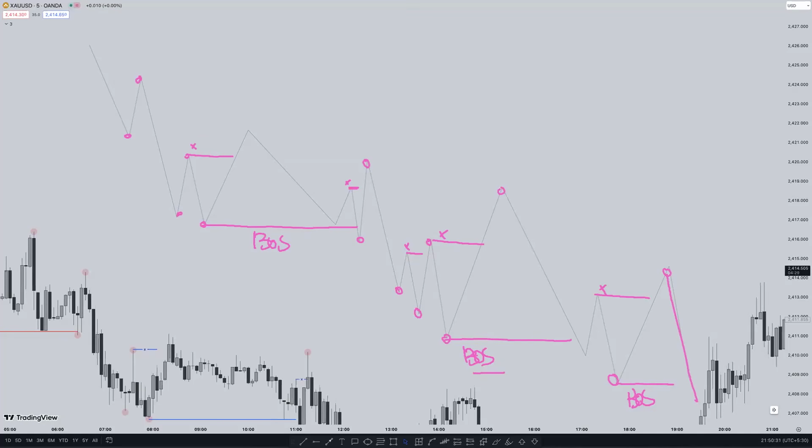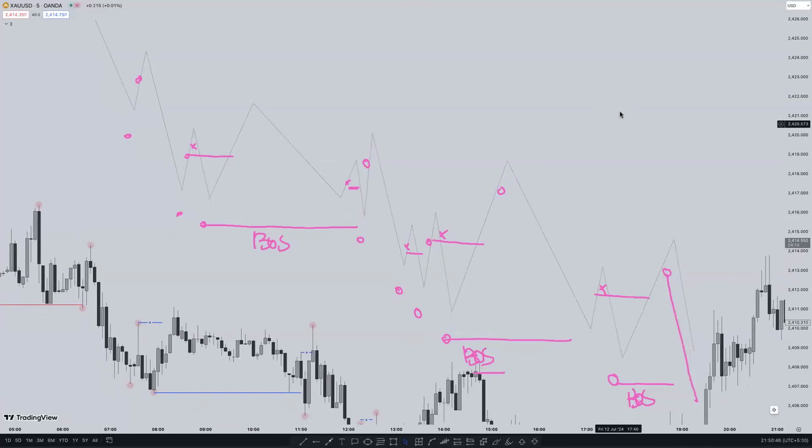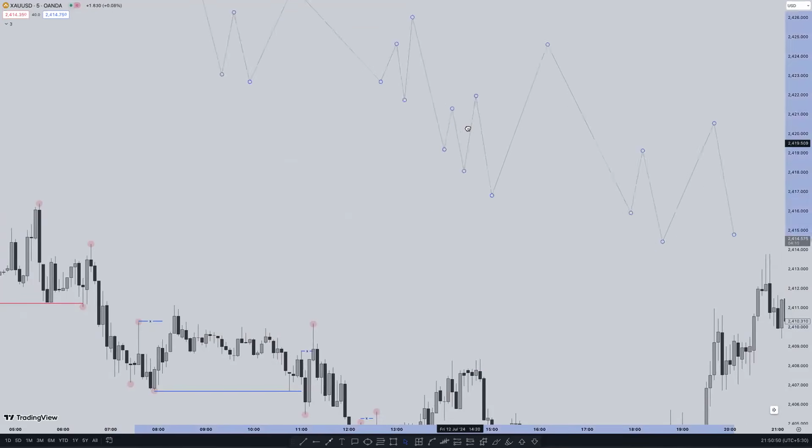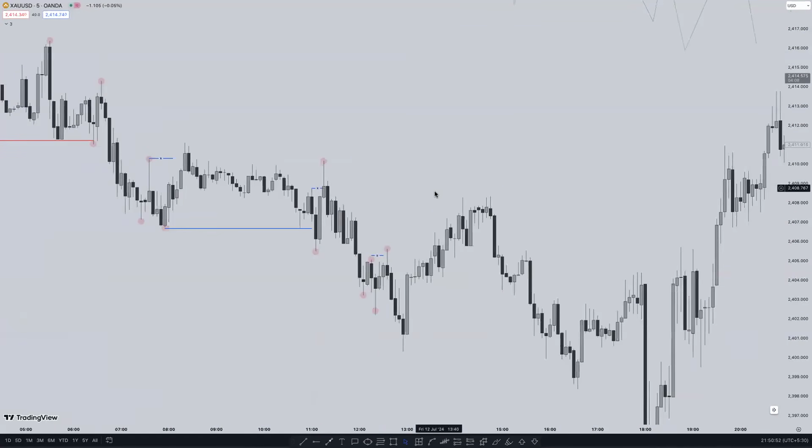Why do you ignore simple pullback? Which pullback are you talking about? I did not ignore anyone, because those are moves between the structure. Maybe you are talking about this type of pullback and this type of pullback.